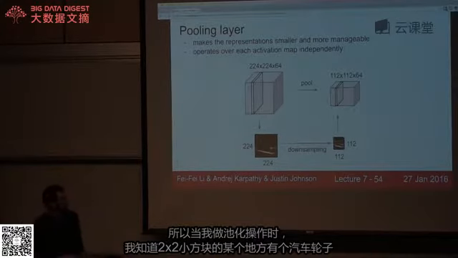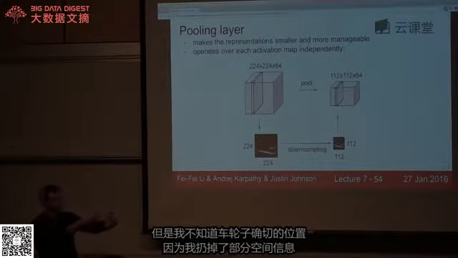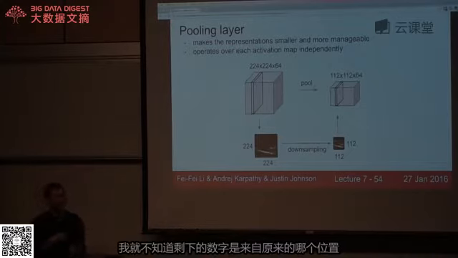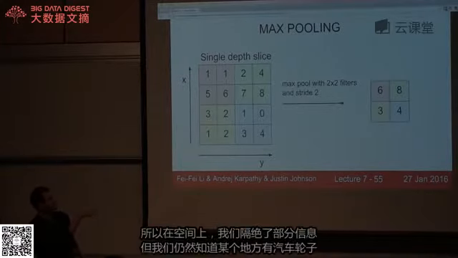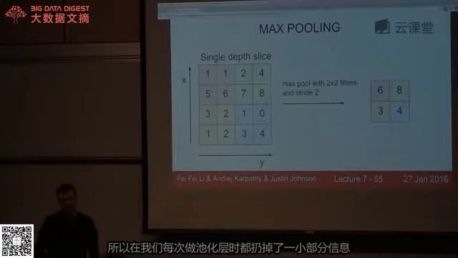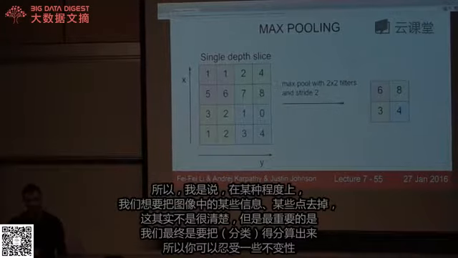So once I've performed the pooling operation, I know that there was a car wheel somewhere in the 2x2 square or whatever that projects back to in the image. But I don't know exactly the position of that car wheel because I've thrown away some spatial information, because I don't know where in this grid this 6 came from. So spatially, we've lost a tiny bit of information, but we still know there's a car wheel somewhere there. And so we are throwing away a tiny bit of information at every single pooling layer.